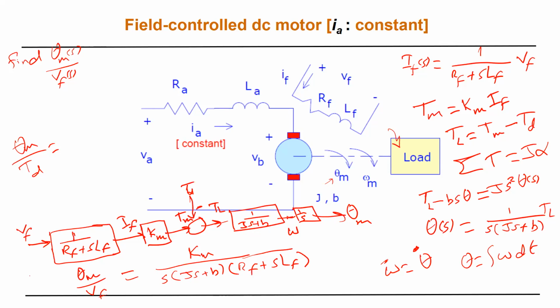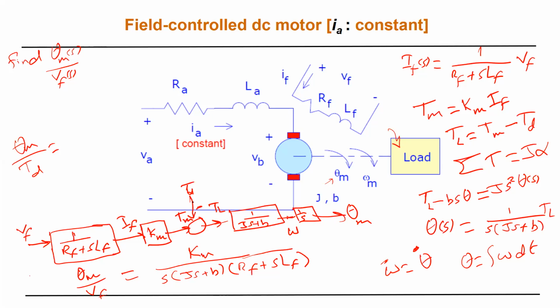No, look. If you want the transfer function, you will use superposition, since I have two inputs. Let me first assume TD equal to 0. Then theta m will be 1 over S times this one, times this one, times this one. That gives me this transfer function. Now assume VF equal to 0. What do you get?